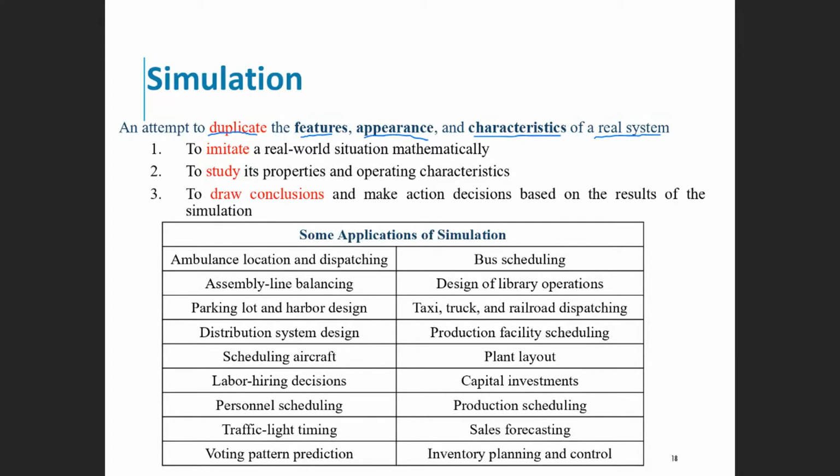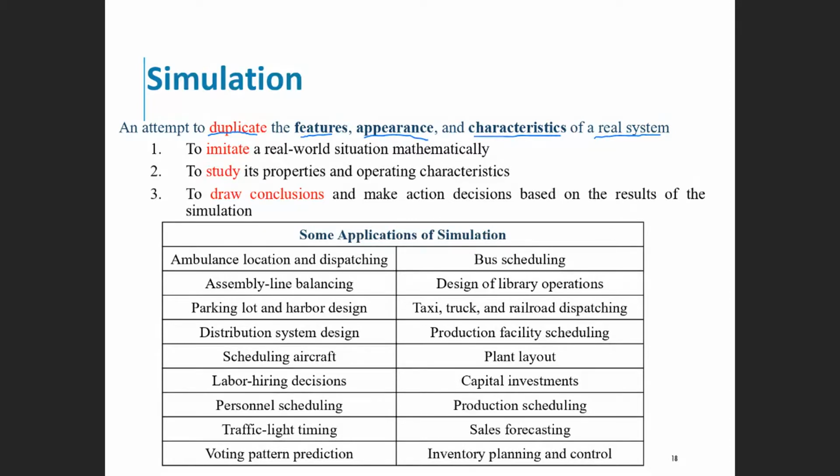Characteristics, appearance, features: المواصفات، اللي هو الشكل الظاهري للعمليات، الخصائص للعمليات like time, number of resources, how the flow works, the steps. So all these can be duplicated of a real-life system.